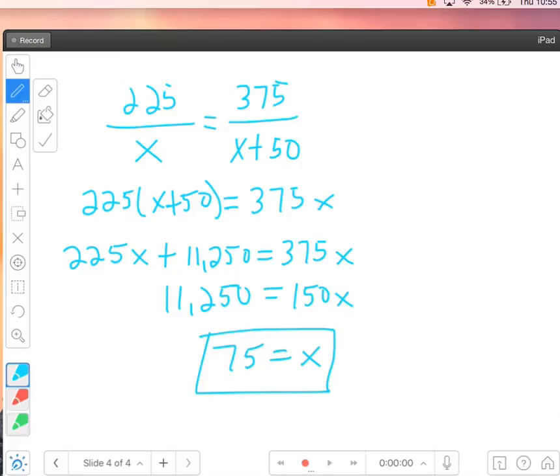And this would give us the speed of our Washington train. And since the Richmond train was 50 miles an hour faster, the Richmond train speed would be 125 miles per hour.